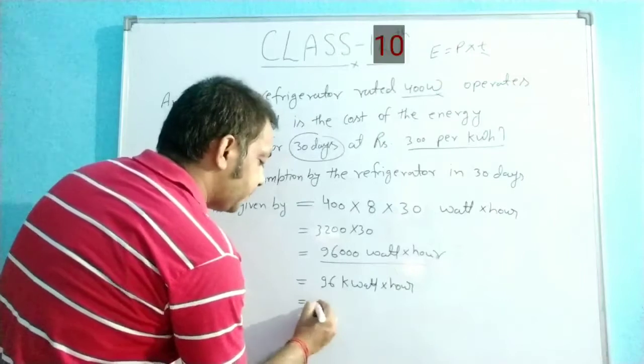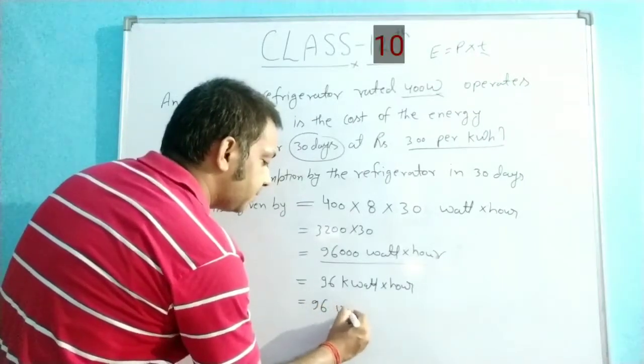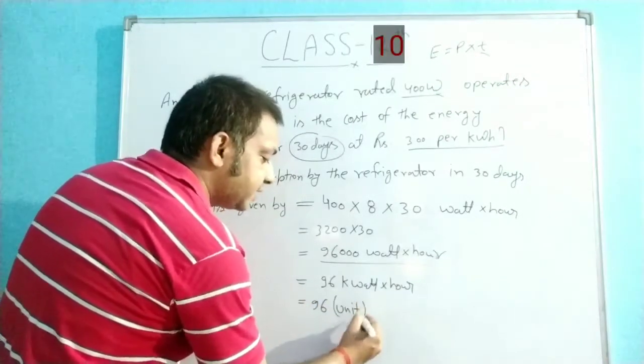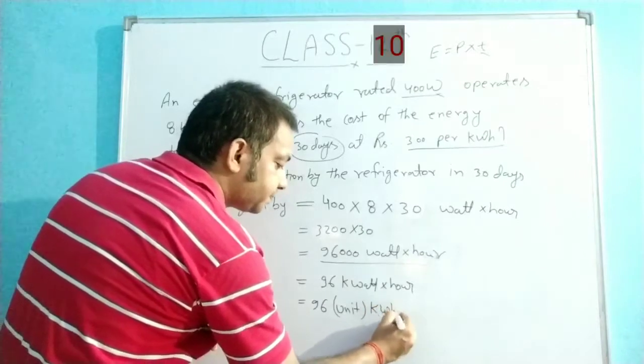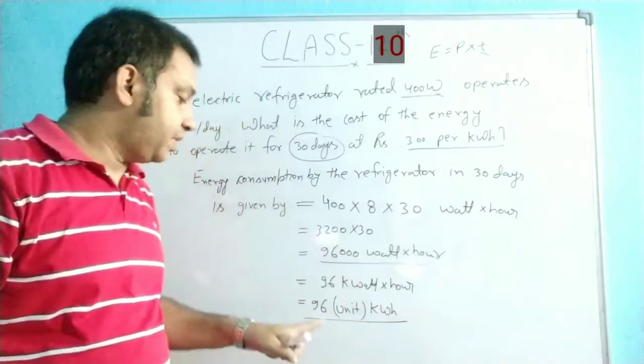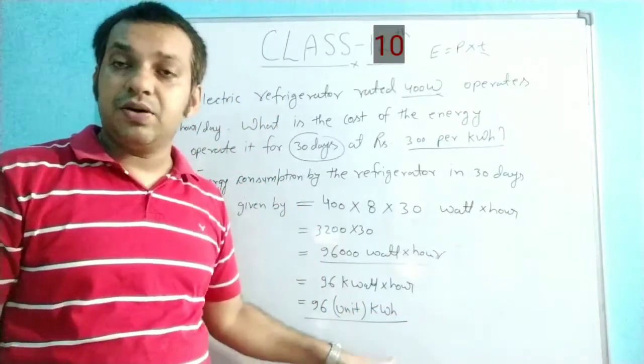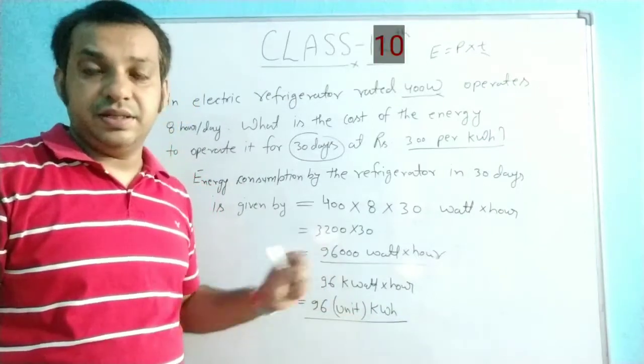So you know it is 96 units. The refrigerator consumes 96 units in 30 days.